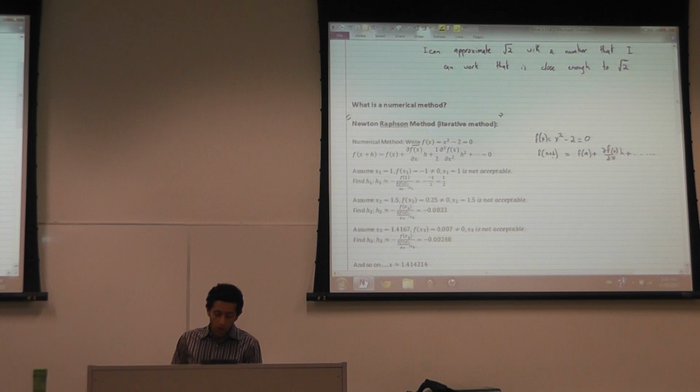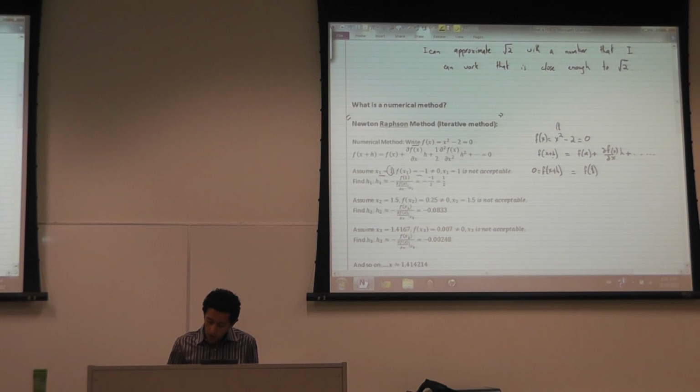So here, I'm going to start by saying, okay, well maybe x is 1. What happens when I put 1 here? 1 minus 2, I get negative 1, which is not 0, which means that x equal to 1 is not acceptable. So then I would like to find h, a change in 1, such that the new function will be equal to 0.